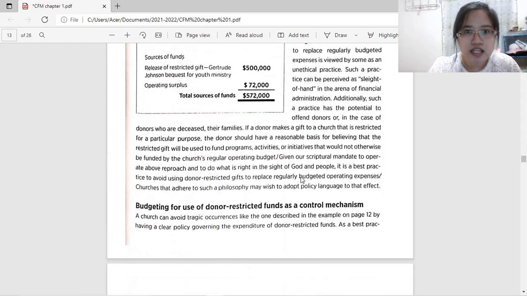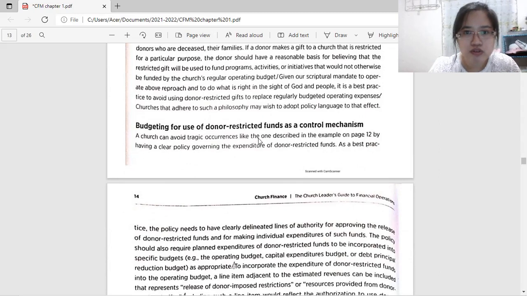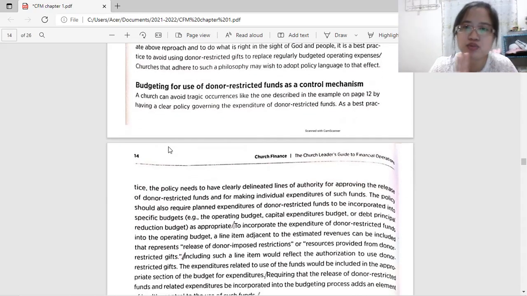So there is that, and then budgeting for use of donor restricted funds as a control mechanism. Again, since we're going to separate donations from the regular budget of the church, the control mechanism there would be to use the donor restricted funds for their specific purpose.